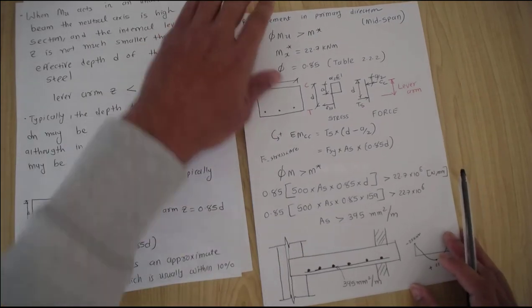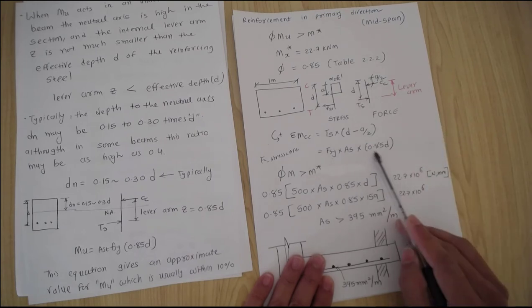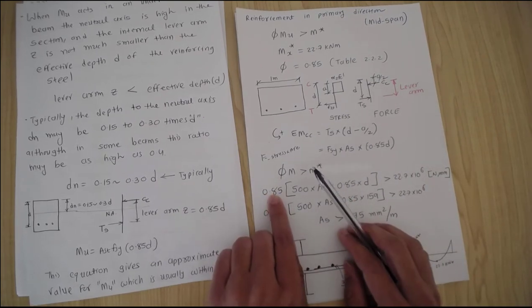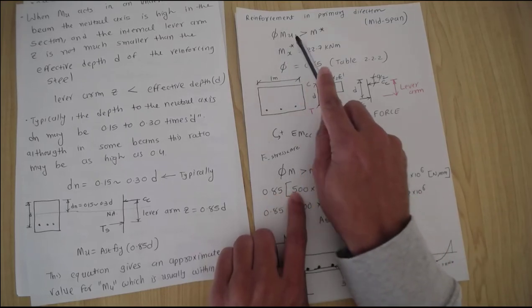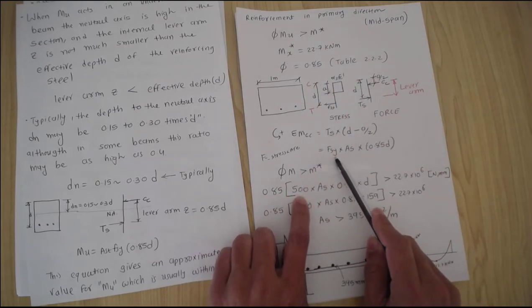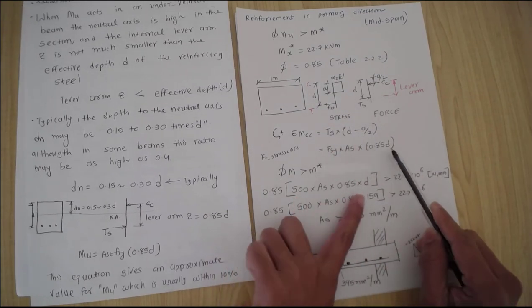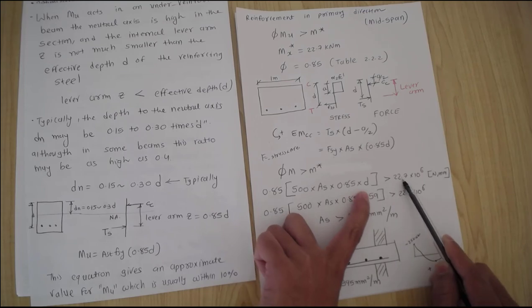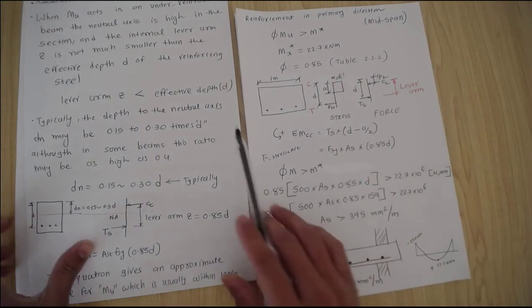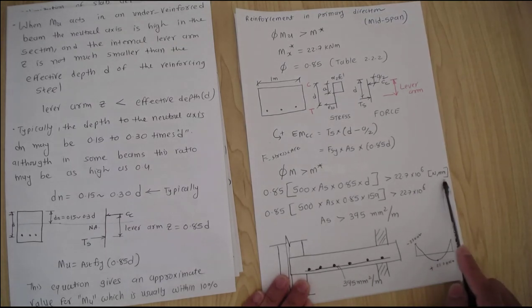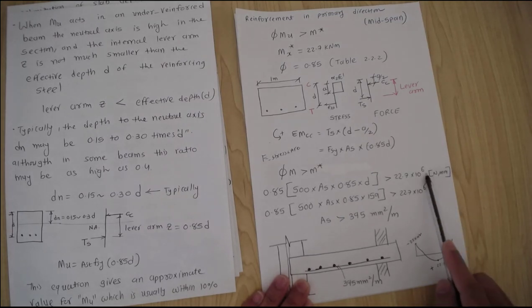So if I take the lever arm as 0.85 d, my calculation would be very simple, because phi Mu is phi times fsy, which is 500, times As times 0.85 d, greater than 22.7. Where does this 22.7 come from? We calculated this at the midspan, the moment at the midspan, 22.7. I'm working in Newton millimeters, so I multiply by 10 to the power 6.